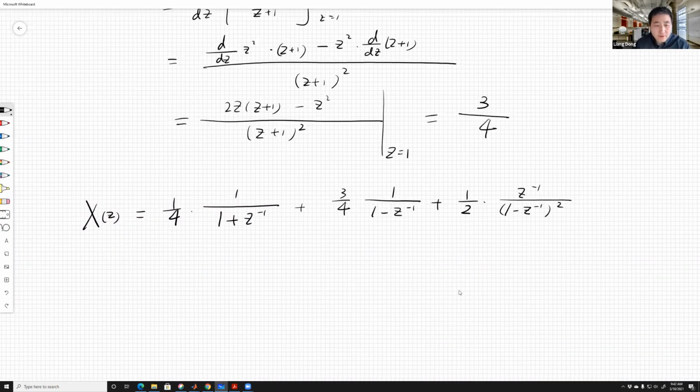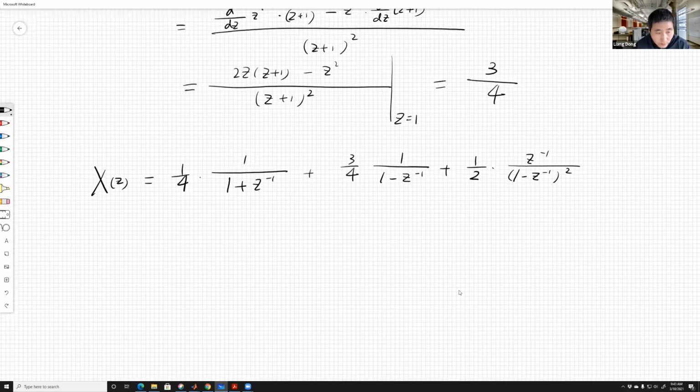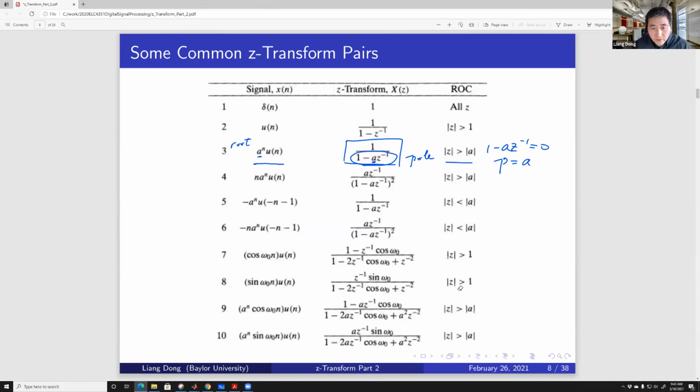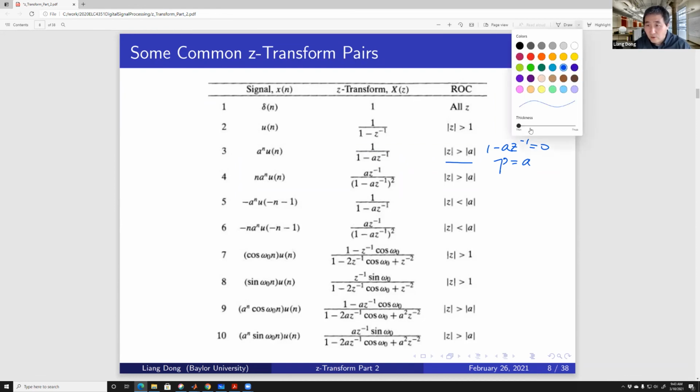Let's find its inverse z transform. That's what we want. I want to find x[n]. To do the inverse z transform, I need to use two lines of the transform table.